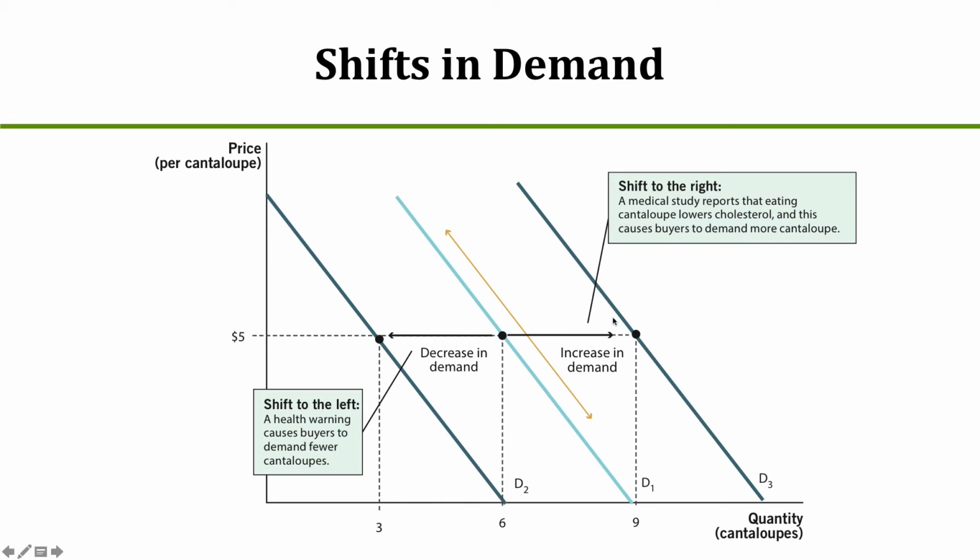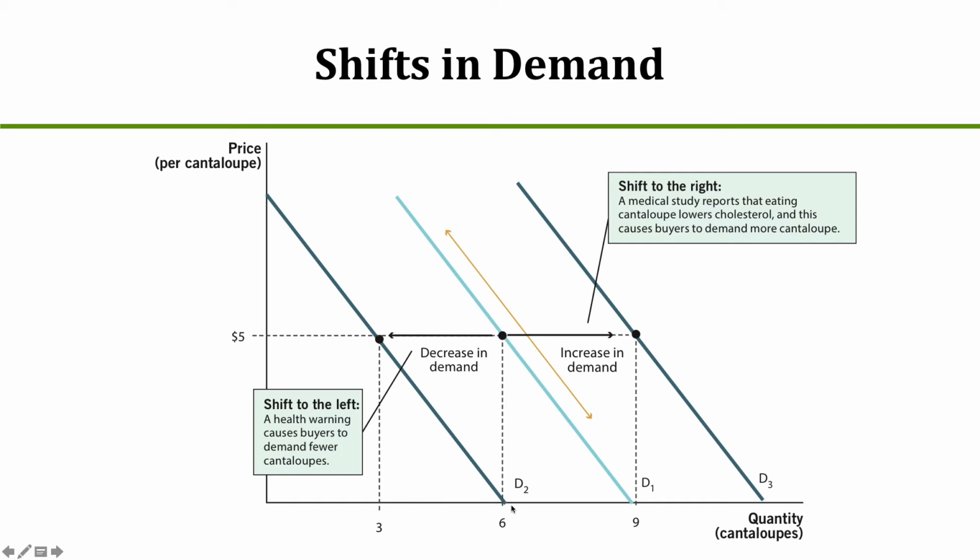So what causes demand to shift up, especially in this situation? A medical study reports that eating cantaloupe lowers cholesterol, and this causes buyers to demand more cantaloupe. They think that cantaloupes are healthier than before. That's why they want to buy more cantaloupe than before for each price level.